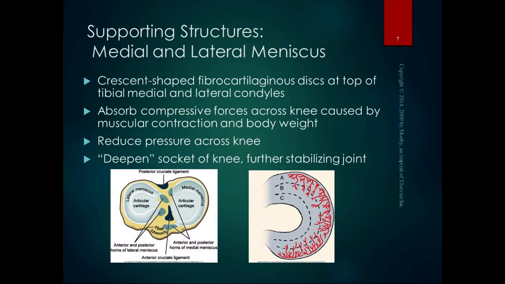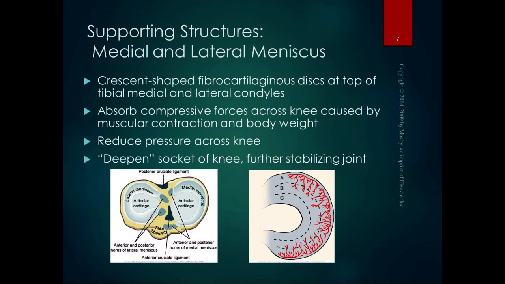Of course, these pictures are from the book, and it shows the ligament attachments and their relationship to the cartilage of the meniscus, which is pretty cool, actually. But the second picture shows the vascularity of the meniscus, and you can see that interior part of it does not have a very good blood supply.